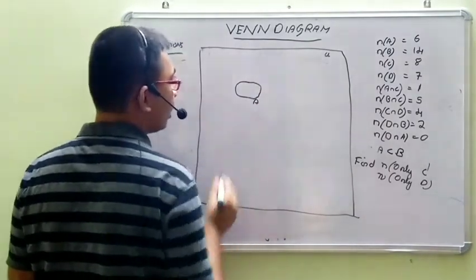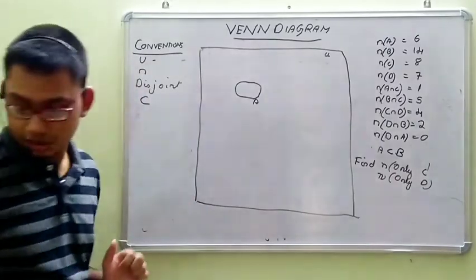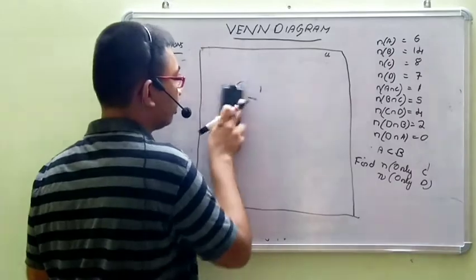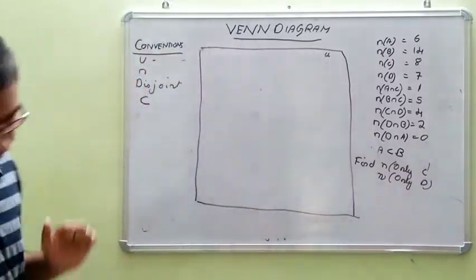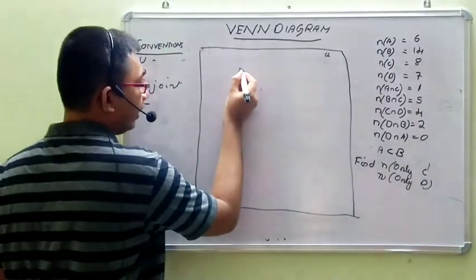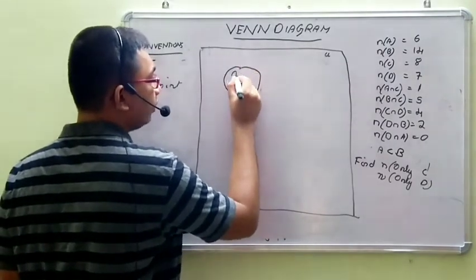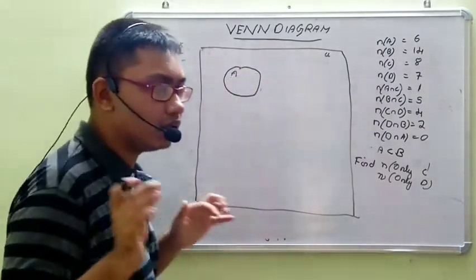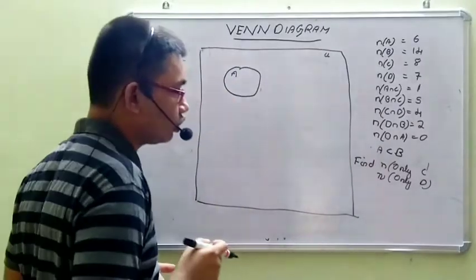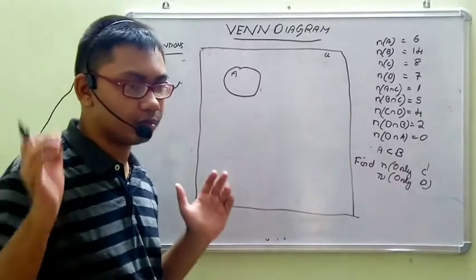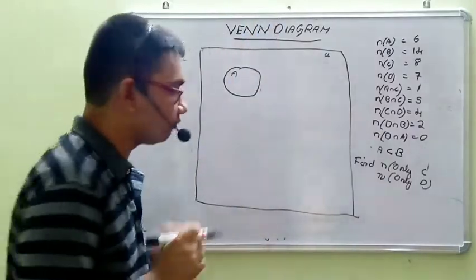I told you the inner sets can be circles or ovals. There is no convention for that. The only thing is that the universal set should be a rectangle or square.